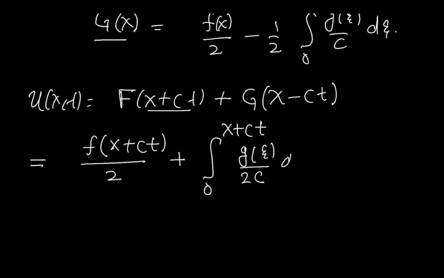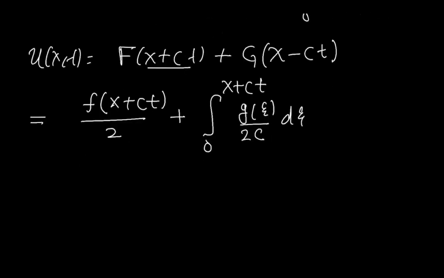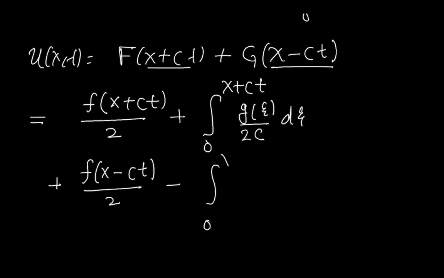And what is the g? G is evaluated at x minus ct, because you're plugging in x minus ct, divided by 2, and this is a negative sign here. This is the integral from 0 to x minus ct of g(c) divided by 2c dc.